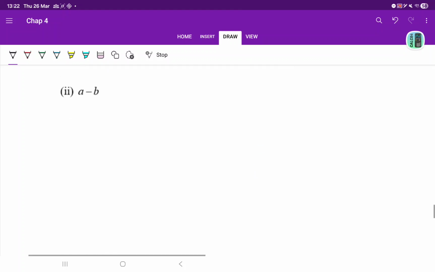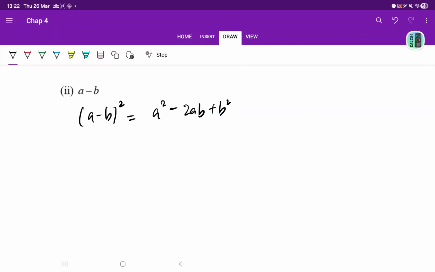A minus B. Obviously, I'm going to need A minus B square, right? Because I want to find A minus B. So A minus B square is A square minus 2AB plus B square. Okay? That's the formula, right?